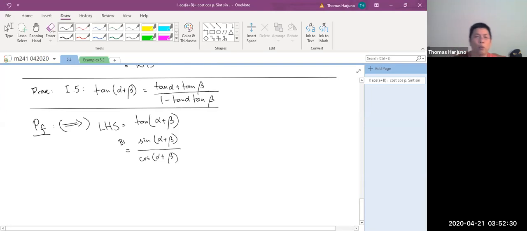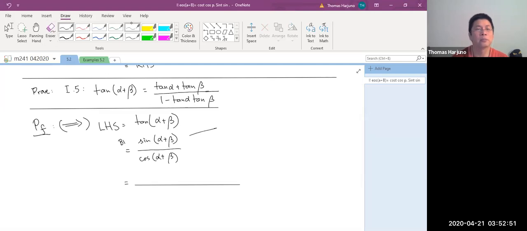Now, I give you 1 minute to rewrite the formula for sine alpha plus beta and cosine alpha plus beta. Okay, go ahead. The top one, I will use formula 1, 3. And the bottom one, I will use formula 1, 1.